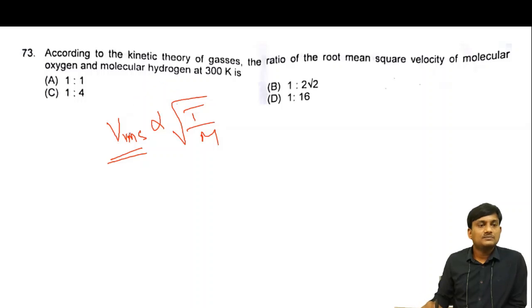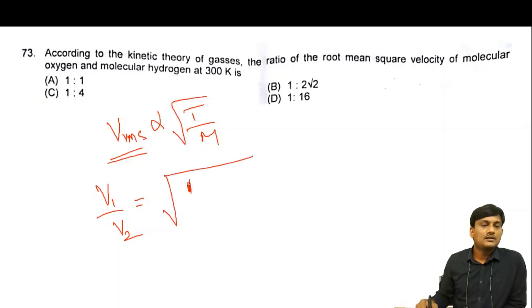So here V1 by V2 is equal to root over T1 by T2 into M2 by M1.